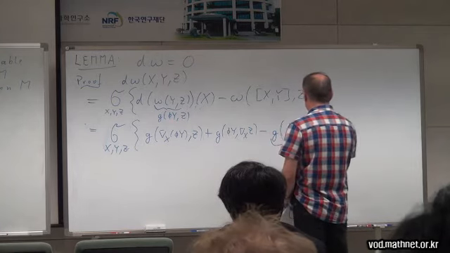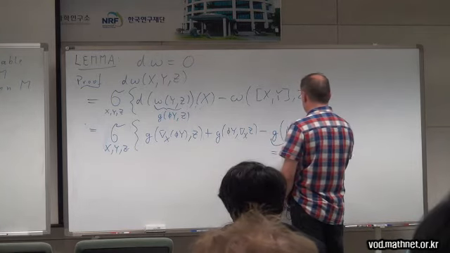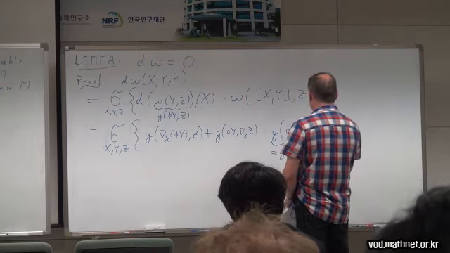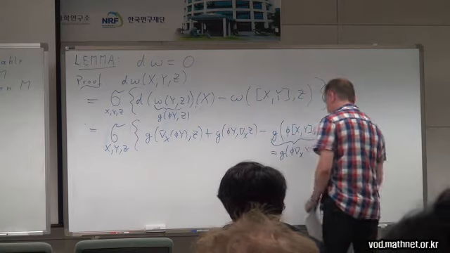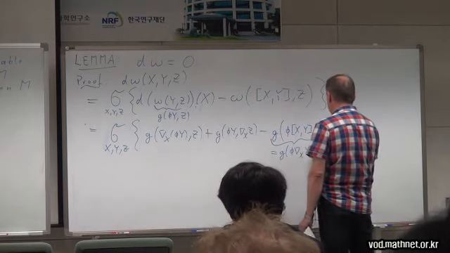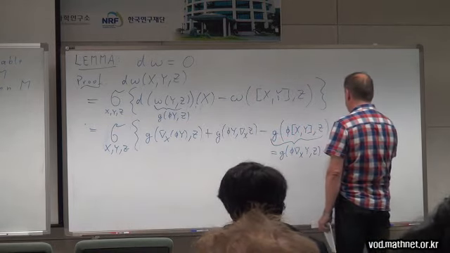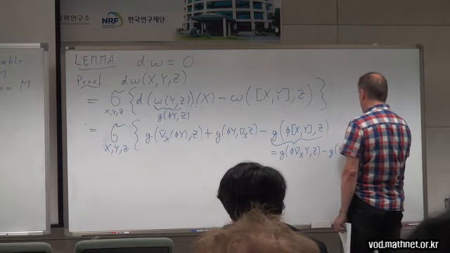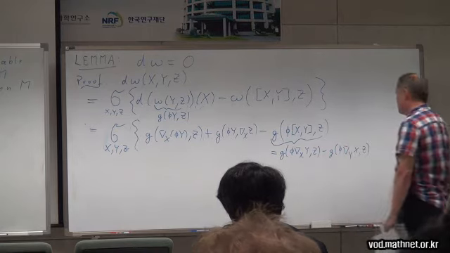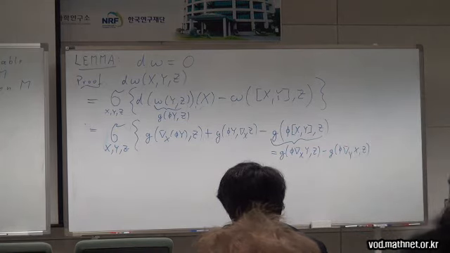But this we can write as g of phi nabla_X Y, Z minus g of phi nabla_Y X, Z. Okay.